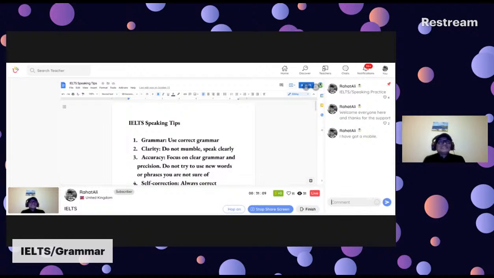Next one is clarity. What does clarity mean? Do not mumble, speak clearly. So clarity means when you're having a conversation but you're not pronouncing the words clearly. Sorry, I should say clearly, not correctly. Correctly is related to accuracy, so it is the third point.